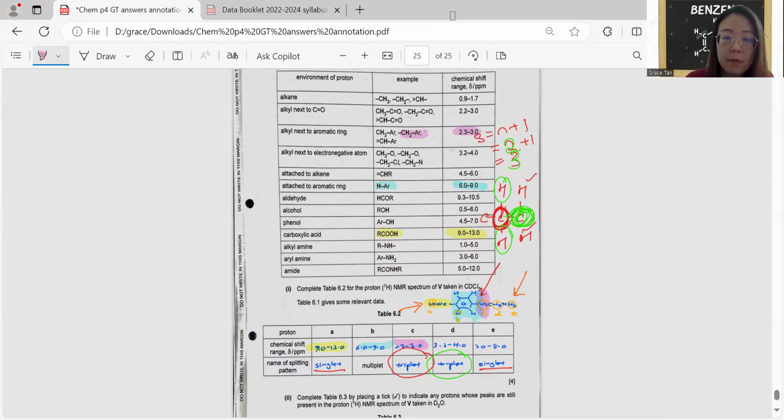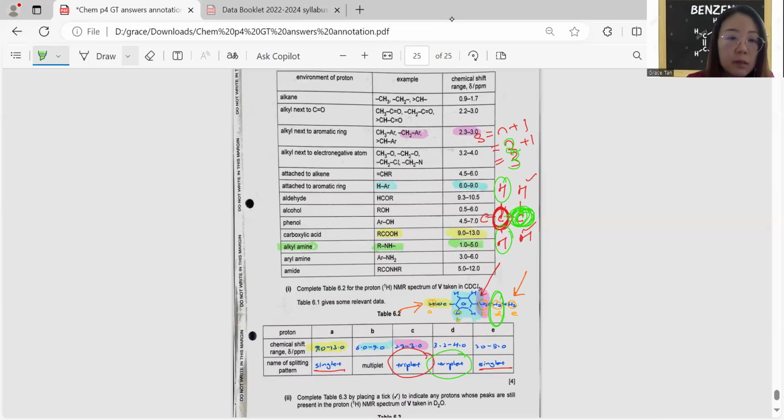Now let's look at the D type of proton, this CH2 here. The highlighter is not working, but it's okay. If you look to the left, you're looking at an alkane only, so it's 0.9 to 1.7. But if you look to the right, you're looking at a nitrogen.